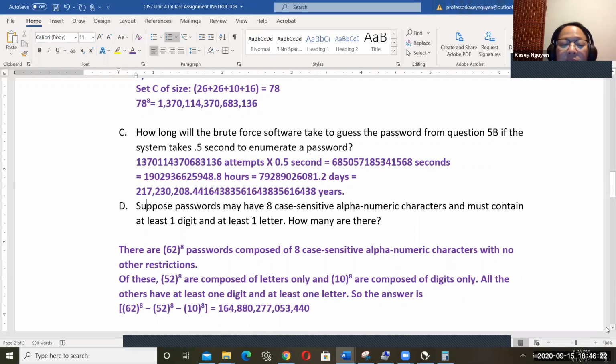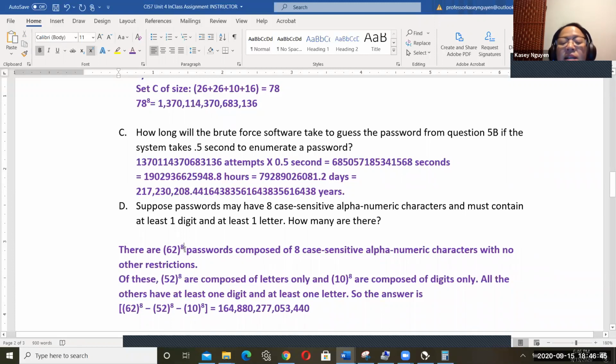How many are there? So first, we know that there are 62 in our set: 26 uppercase, 26 lowercase, and 10 for the digits, 0 through 9. That gives us 62. We raise it to the 8th power.